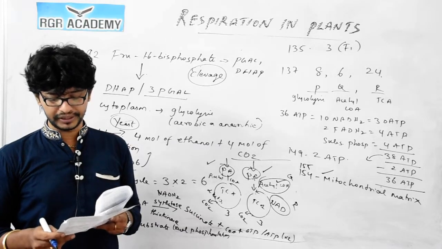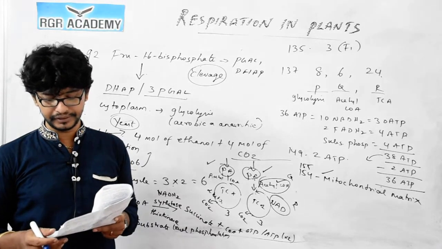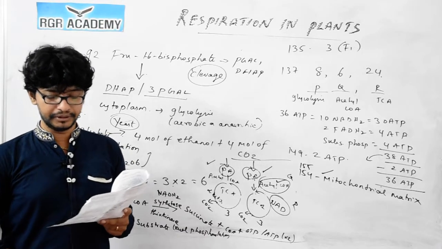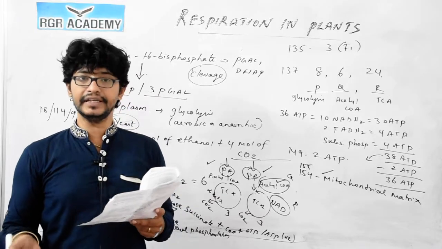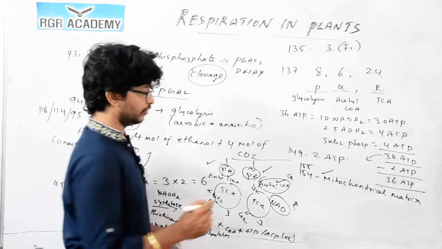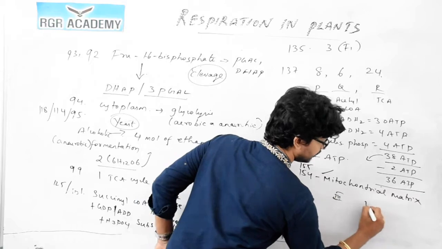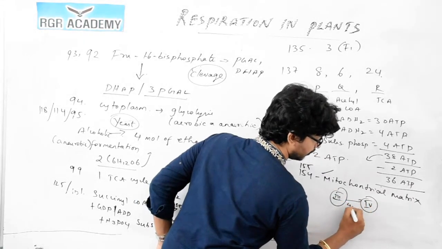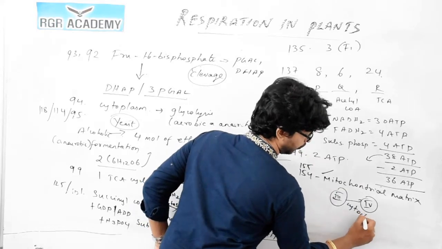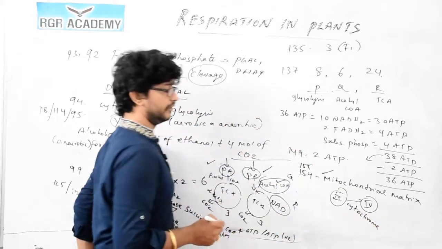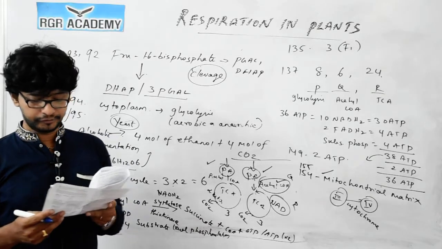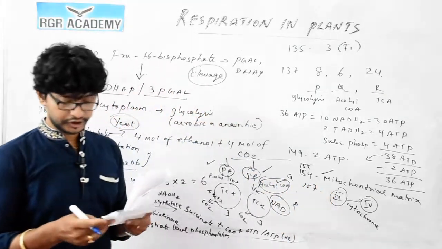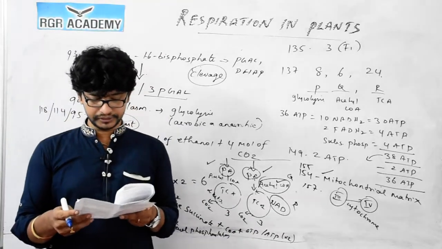A small protein attached to the outer surface of the inner membrane, which acts as a mobile carrier for the transfer of electrons between complex 3 and 4, is cytochrome C. So cytochrome C acts in between complex 3 and 4. This is for question number 157, so option 2 is the correct answer.